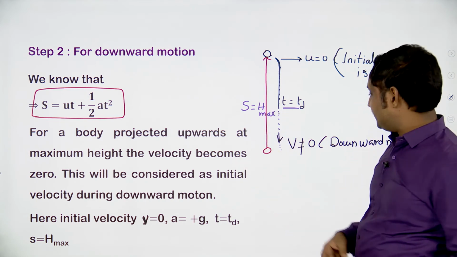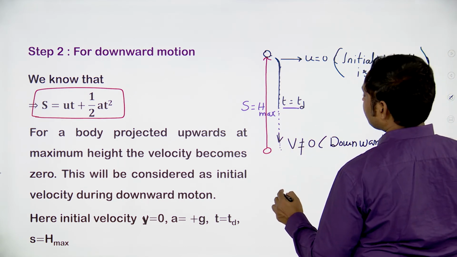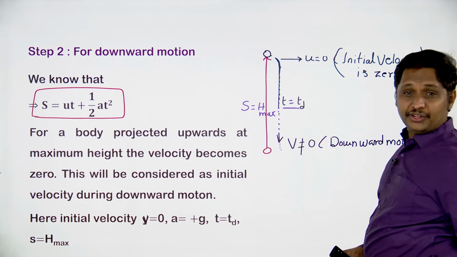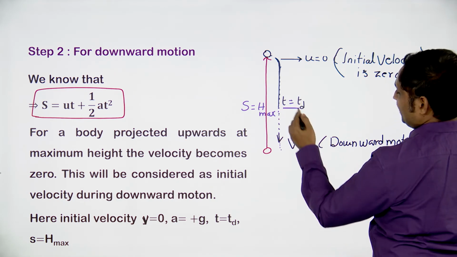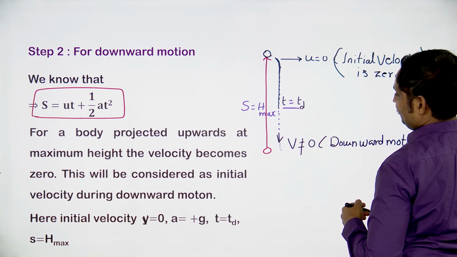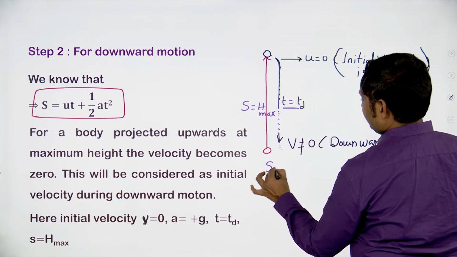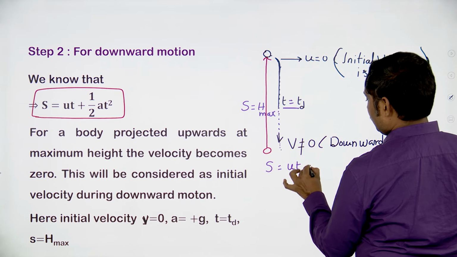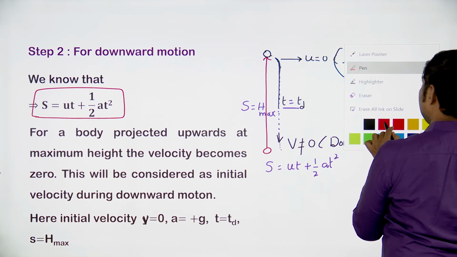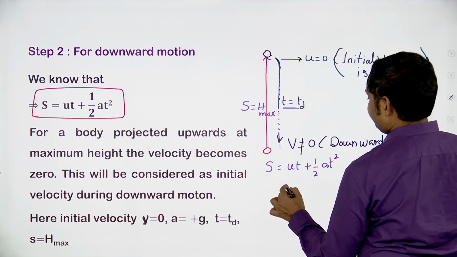Now we would like to go for that situation. Here the time taken by the body to reach the ground in downward motion is the time of descent from that maximum height. Very clear. You know very well S is equal to ut plus half at square. We know the equation, but we need to go for the substitution.